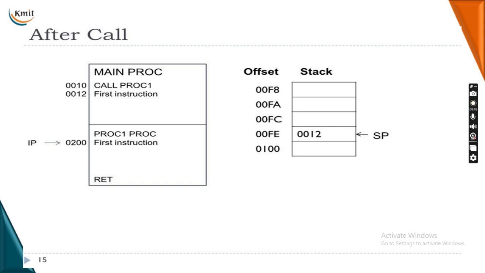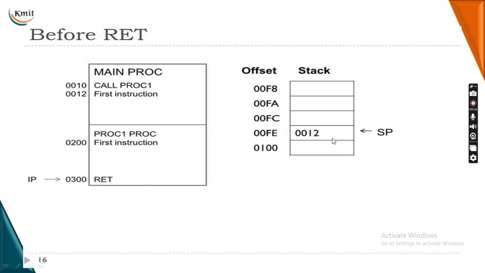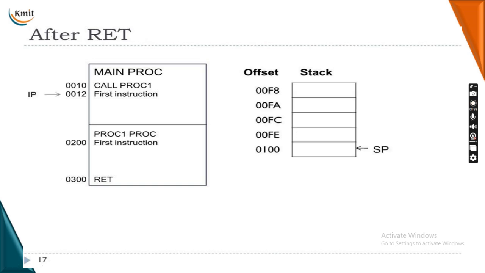So this is my top of the stack, 00FE. The address of the next instruction is stored here. So before ret, it will be in this position. After ret, it comes back to the position.